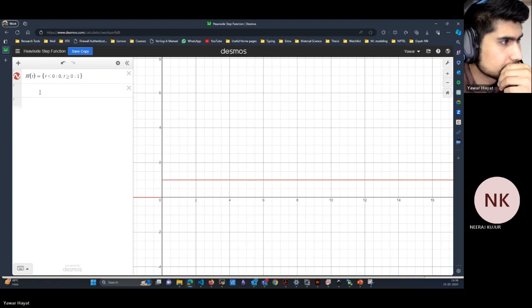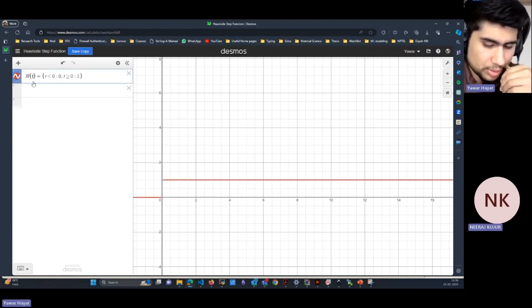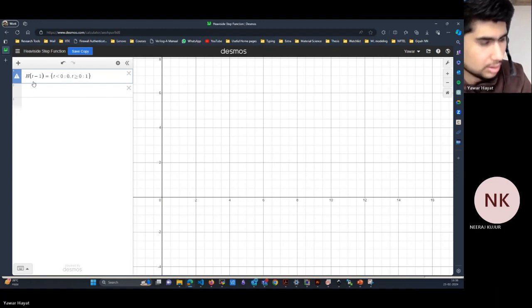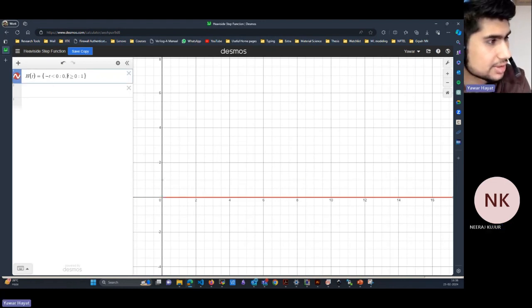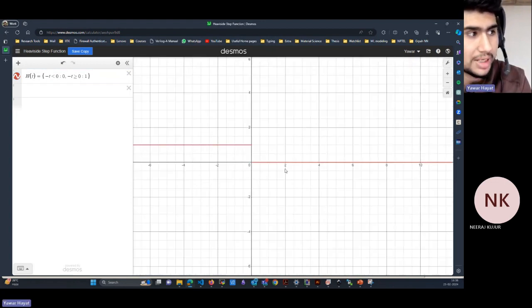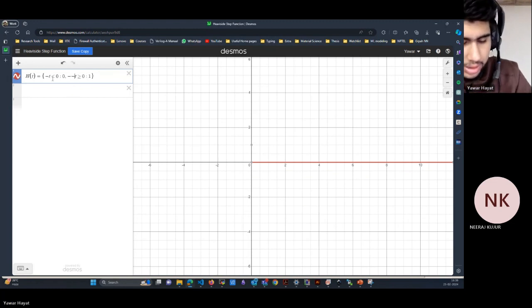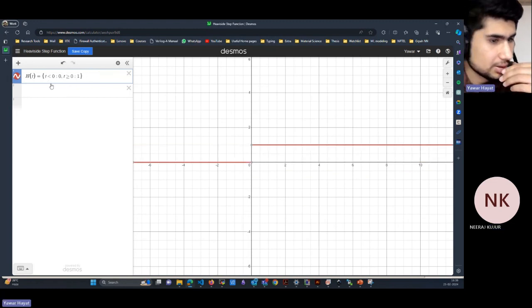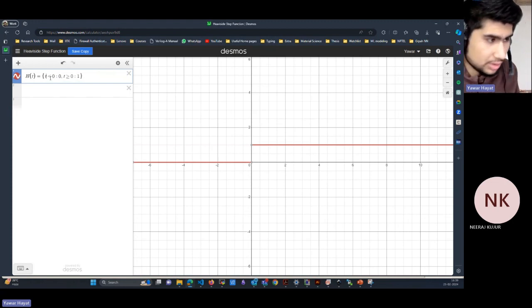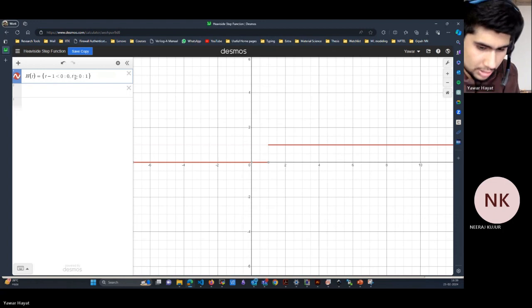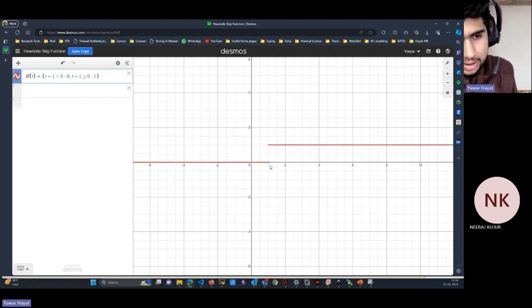So unit step is implemented, right? Now if you have shifted cases, this one is also implemented. Which one? U of minus t. For U of minus t, I just replaced these t by minus t. Now what about time shifted versions? If I use t minus 1, then it is implemented, right?